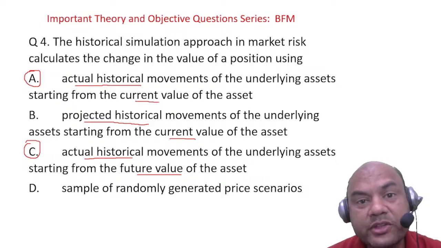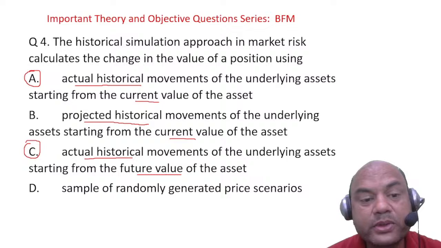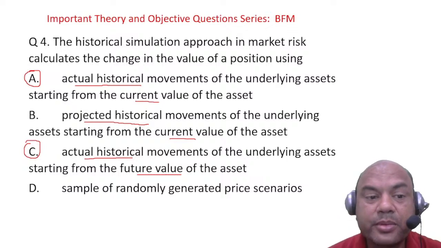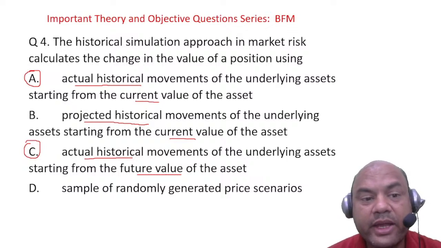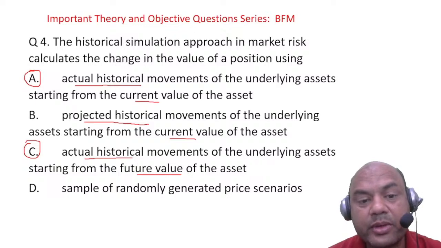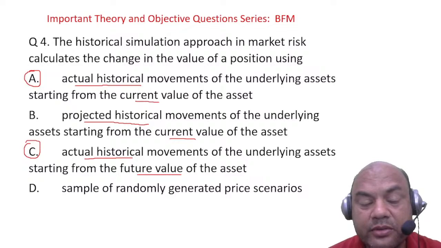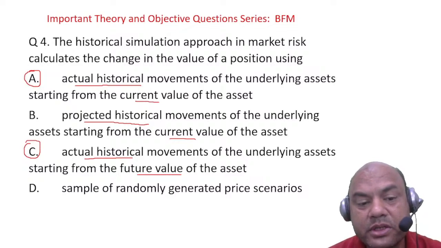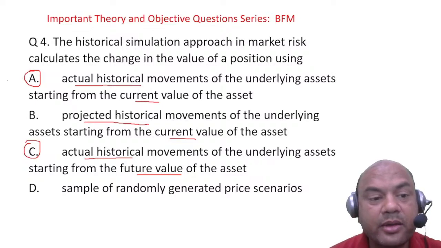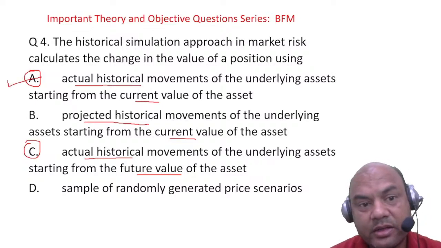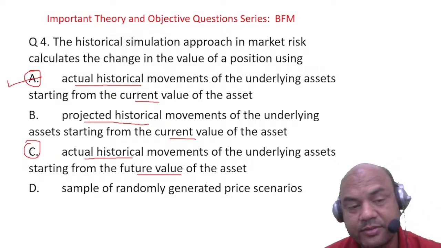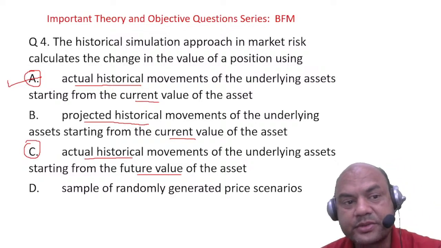Historical movements are actual movements where we have seen the actual thing. You can't project history, so B is also gone. Now A and C: how can I start from the future value? I don't know the future. So the correct answer becomes A. Okay, next one.